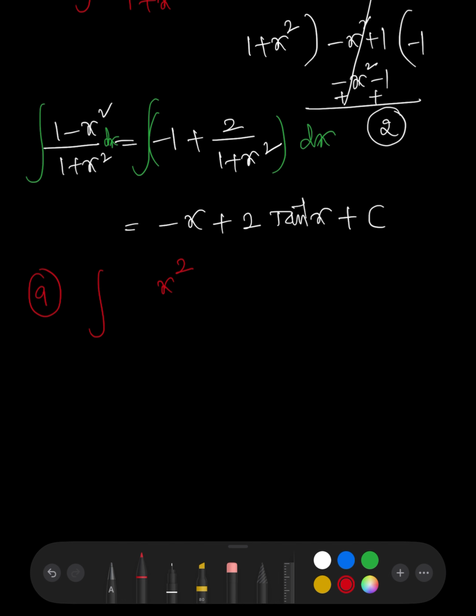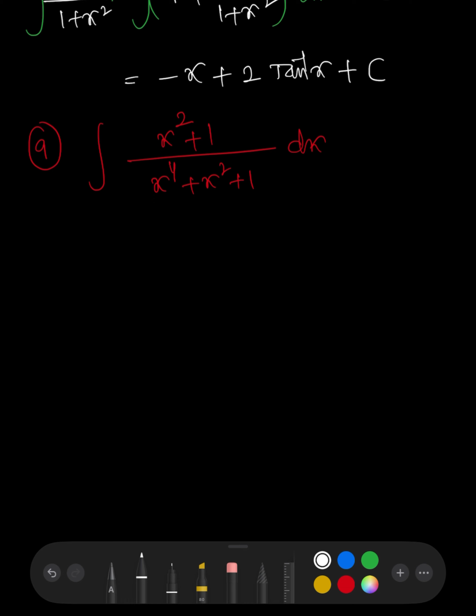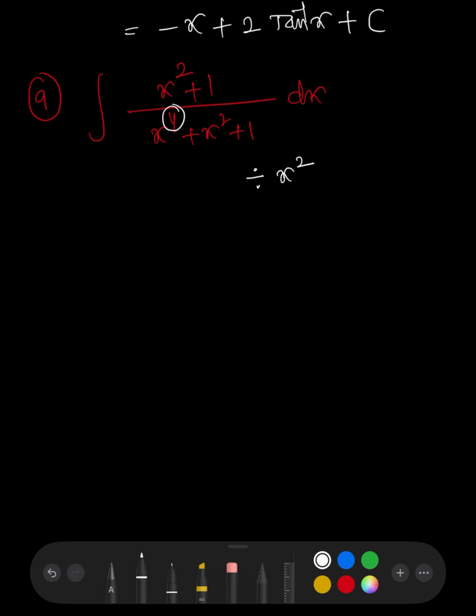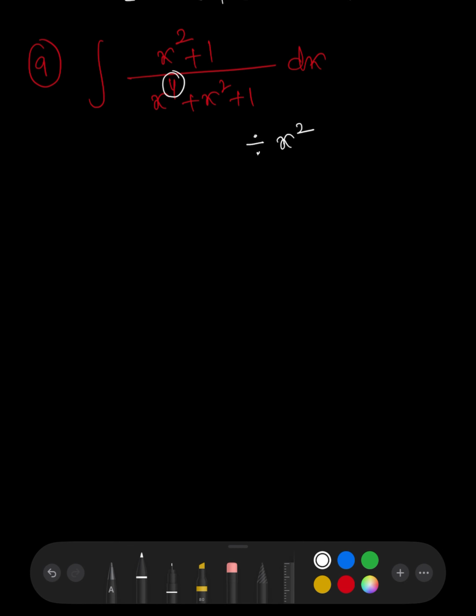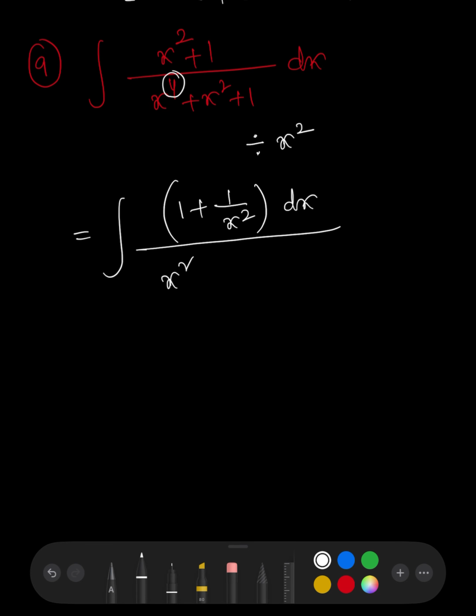integration of x square plus 1 by x power 4 plus x square plus 1 dx. Now in this type of question, if you see the denominator, the highest degree is x power 4. In all such similar questions, we can divide the numerator and denominator by x square to make that x power 4 as x square, so the numerator becomes 1 plus 1 by x square whole dx divided by x square plus 1 plus 1 by x square.